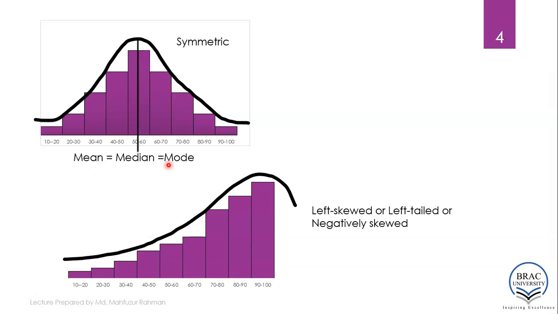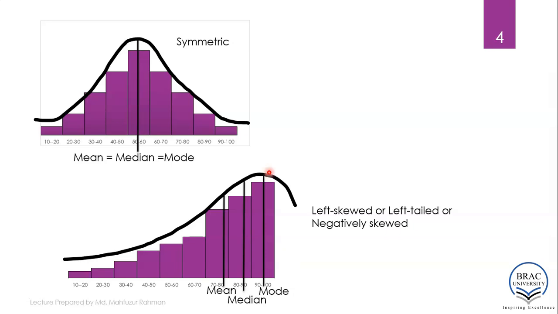Like a symmetric distribution, where are the mean, median and mode in this skewed distribution? Let's find out. As we know, in a symmetric distribution all are at the same center point, but for this kind of skewed distribution the mean, median and mode have different values.